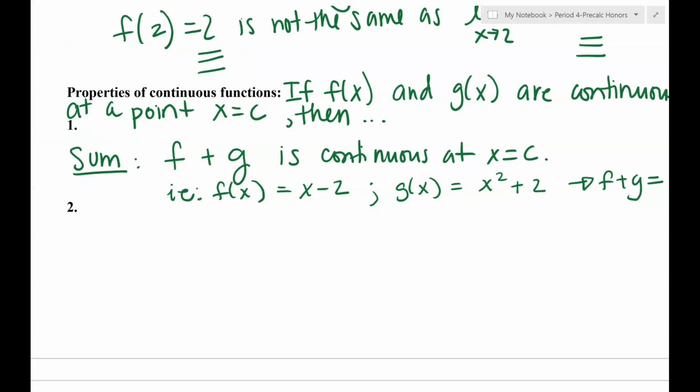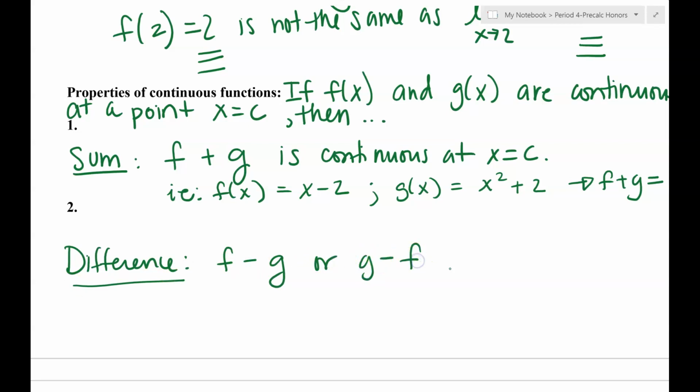You can also subtract, okay? So the difference, when we subtract f minus g or g minus f, it's also continuous at x equals c. Over to 3 more properties.